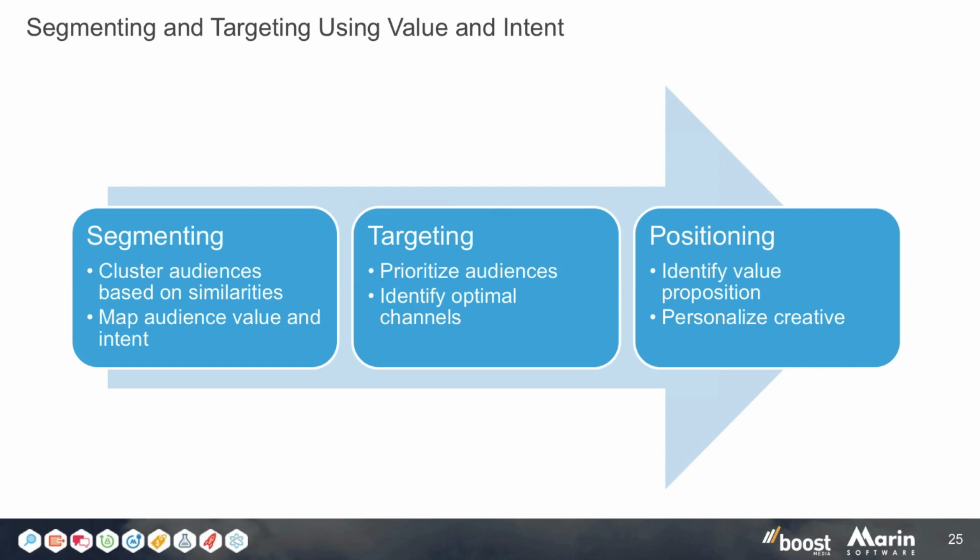And then finally, you want to establish your positioning. And again, there's nothing necessarily new here. It's generally marketing 101. But the idea here is that once you've identified the value proposition, you want to test communicating it in a number of different ways, sort of like Rob has mentioned.